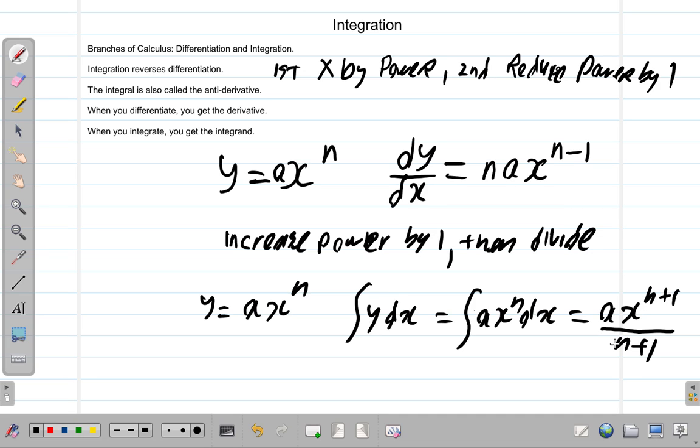You raise the power by 1, you add 1 to the old power to get the new power, then you divide by the new power. Now, last time we said you should add a constant to this, c.